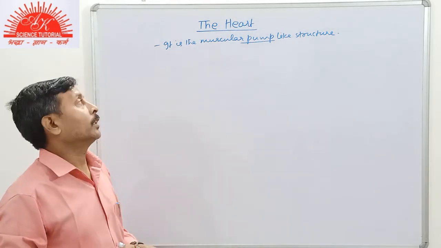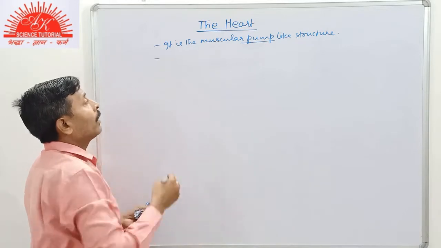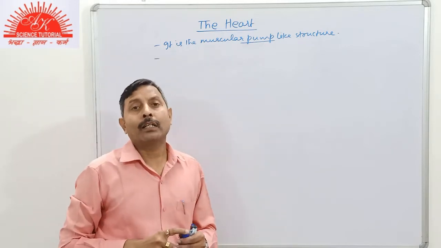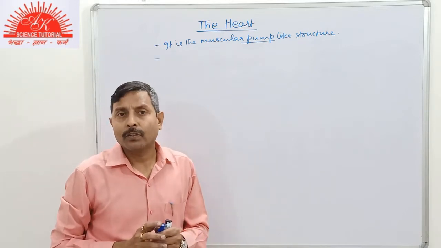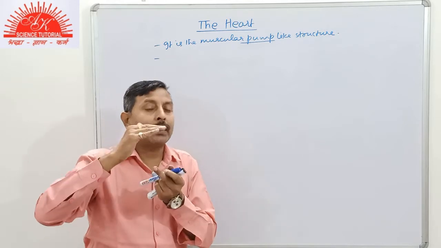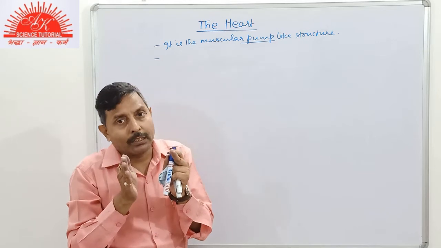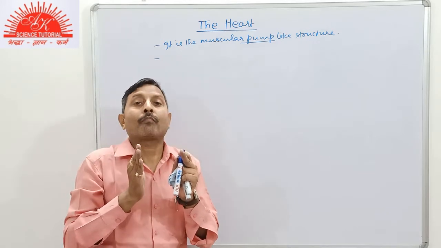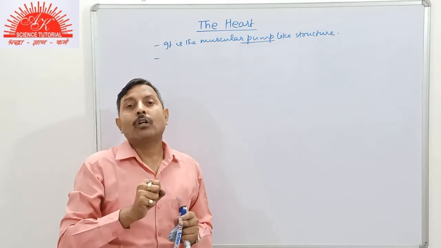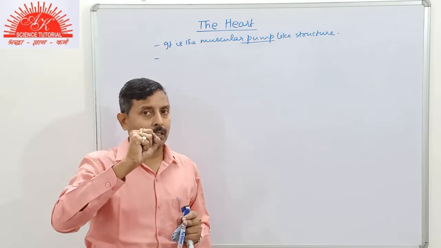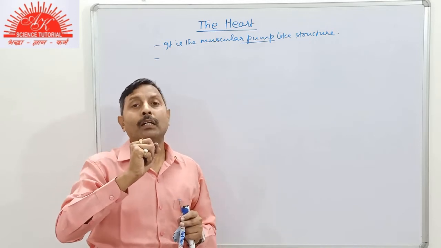Now, the heart in a human being is about 12 centimeter in length and 9 centimeter in width, the average dimension. It is of the size of a closed fist in an adult human being.